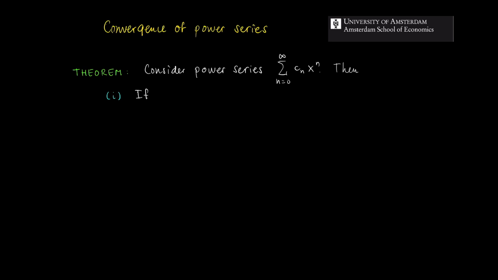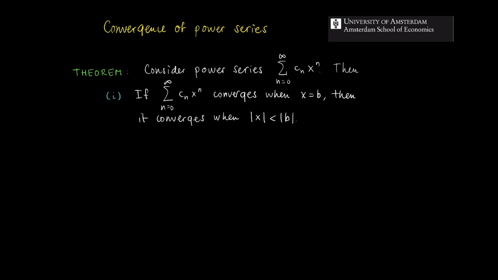The first is that if the series converges when x equals b, then it will also converge for all x's which are in absolute value smaller than the absolute value of b.